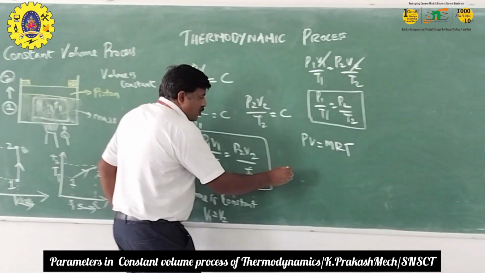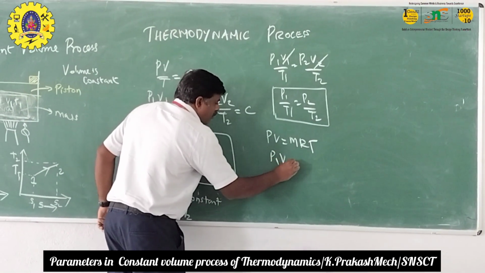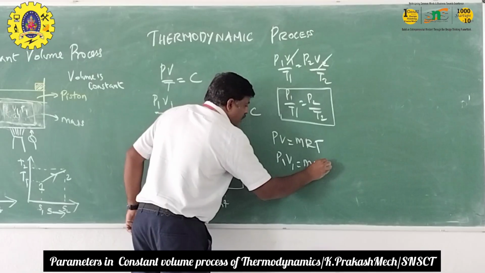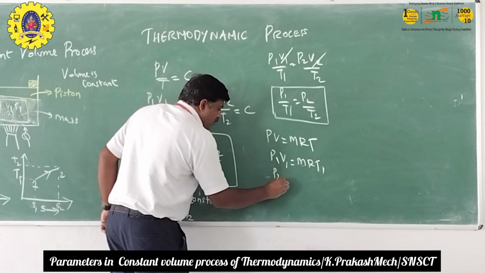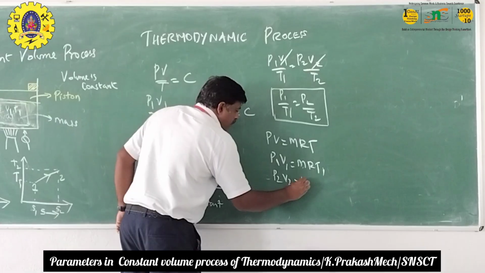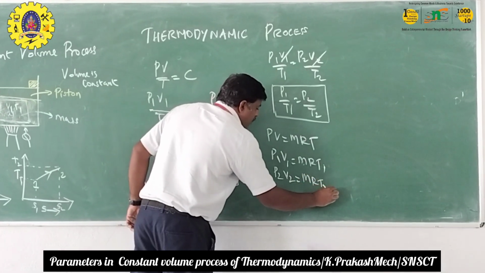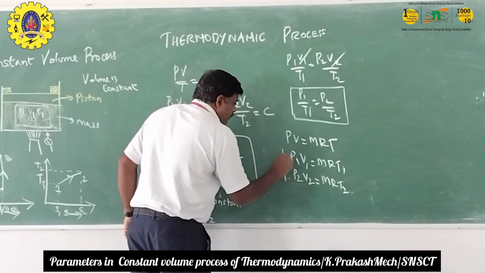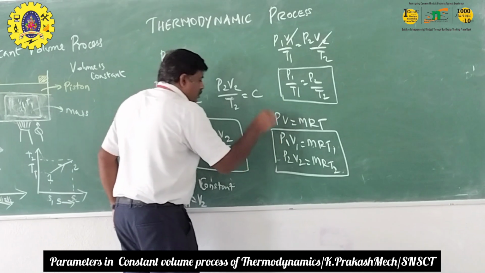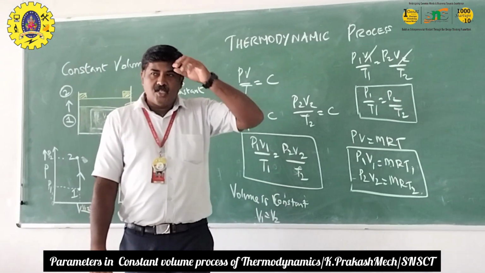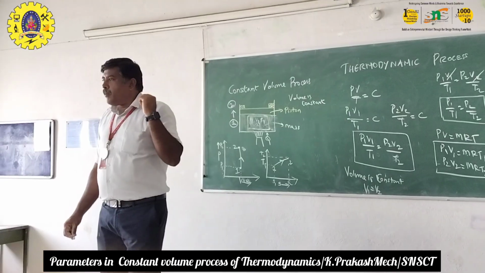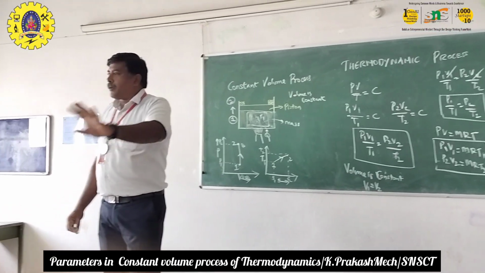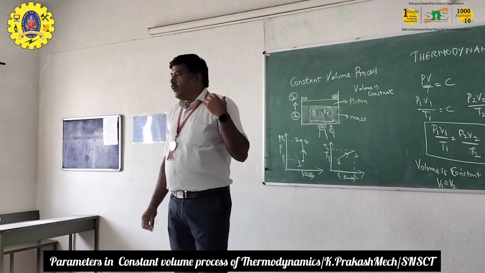For state 1, it is P1 V1 is equal to MR T1, because these two are constant. In the same way for the second state, P2 V2 is equal to MR T2. The purpose of using these gas equations is to find out the properties. This is the first formula which should be known for all processes to find the values.